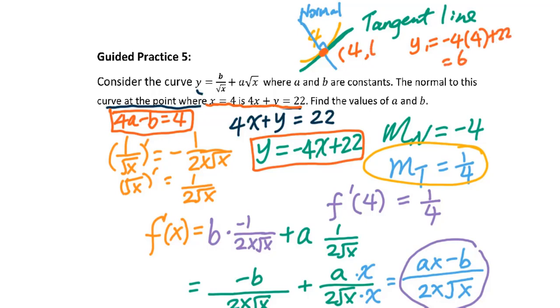So you get the point (4, 6). This point is also on the graph of the curve. Therefore, I plug in x equals 4 and y equals 6 into this function. You will get 6 equals b over square root of 4, which is 2, plus a times square root of 4, which is 2.